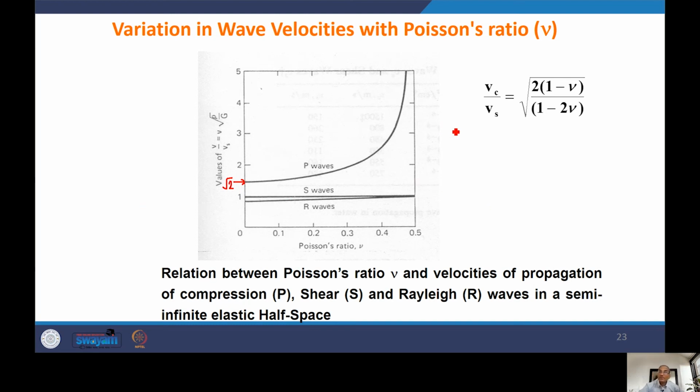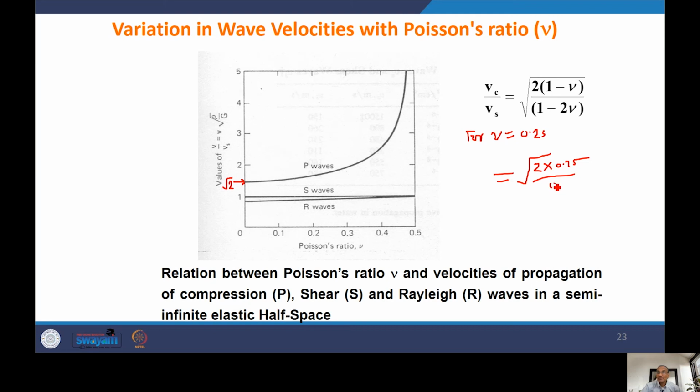For example, if you select mu equal to, let's say in between, mu equal to 0.25, in that case, what will happen? This ratio will come out to be root of 2 into 0.75 divided by 0.5.